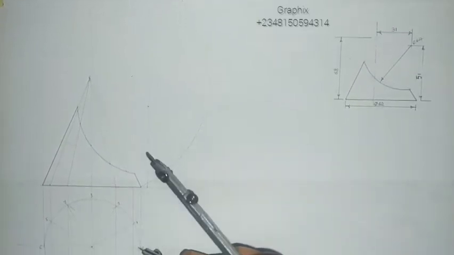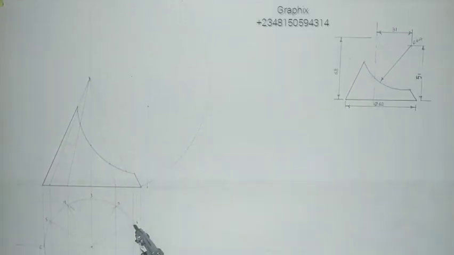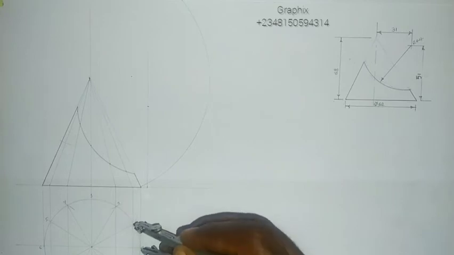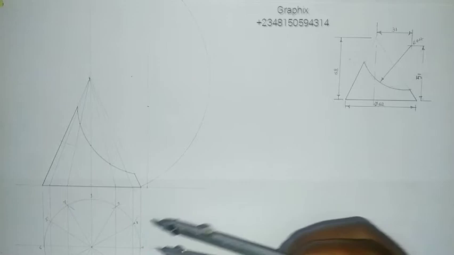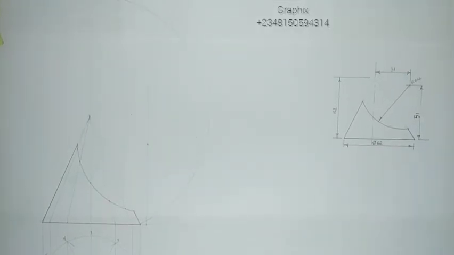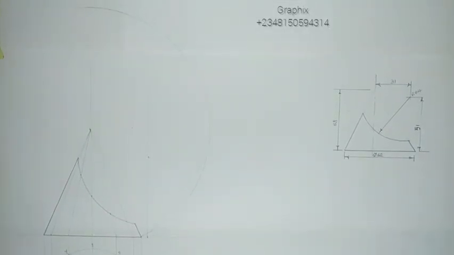So you just go to the circle and you take any of those two divisions, maybe 0 or 1 or any of them, and you come to the arc. From here you start marking.